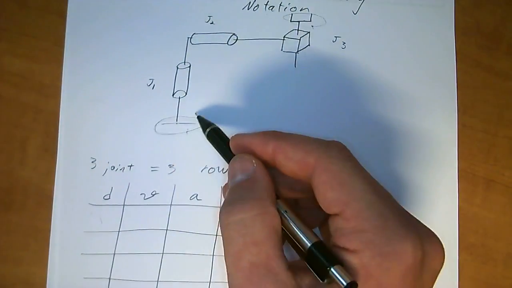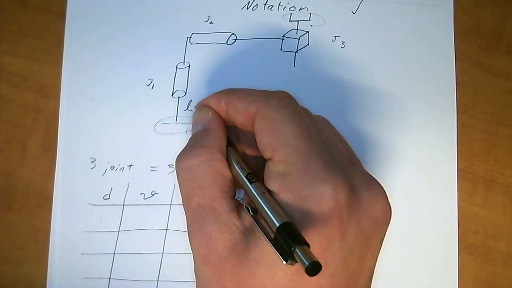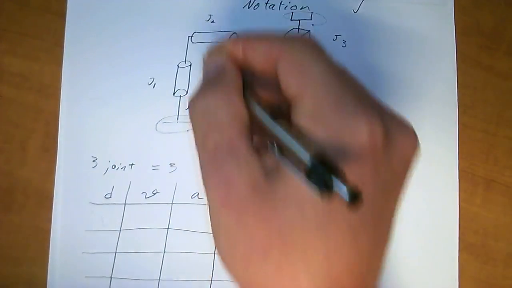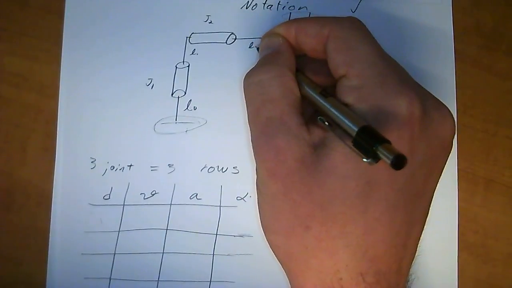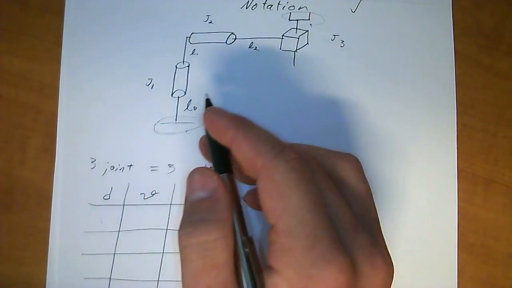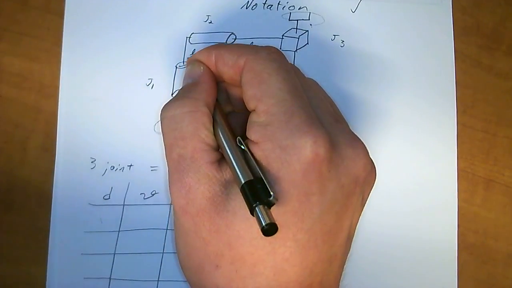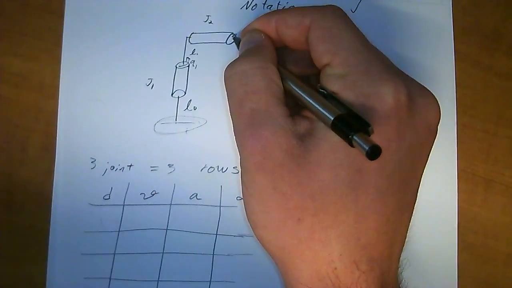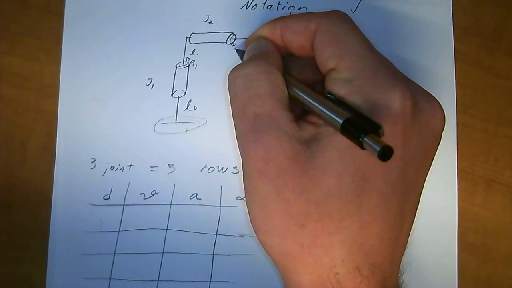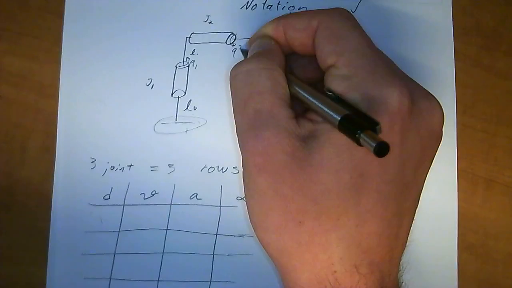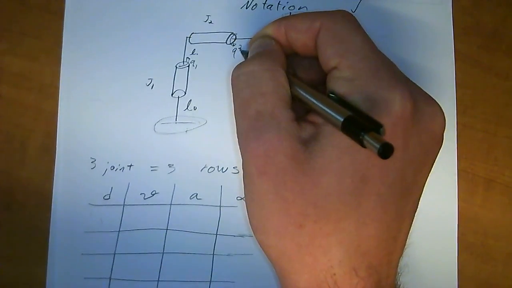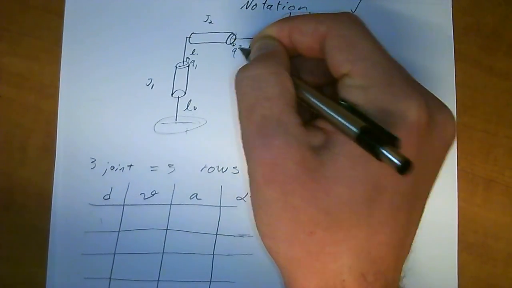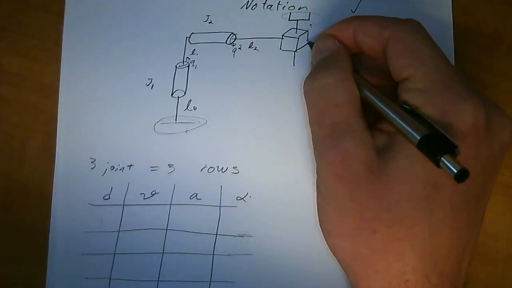So what I like to do with this part right here is this is L0, L1, L2, and then this is going to be Q, rotation of Q1, rotation of Q2. This is a 2, a nomenclature, not squared.